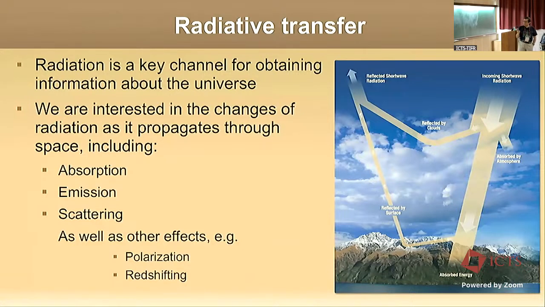And there are some other effects which we won't talk about much, but in principle, you can also have polarization, because sometimes when the interaction happens, it changes the polarization of light because of other physical processes. And there is also, for cosmology, one thing that's important, which is redshifting, because the universe is expanding and light is shifting to the red as this happens.